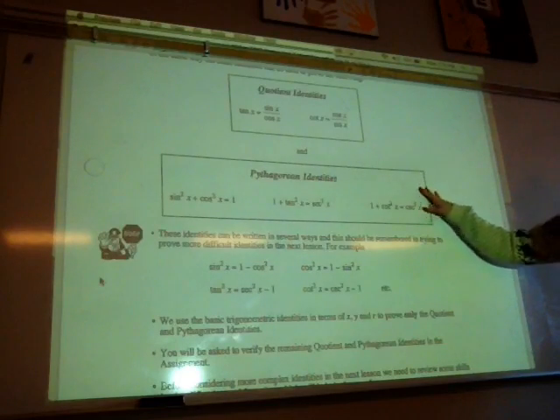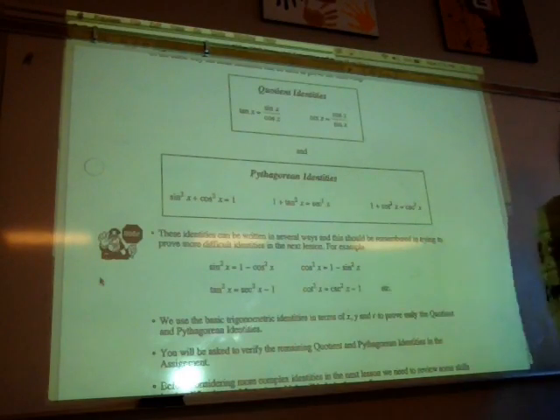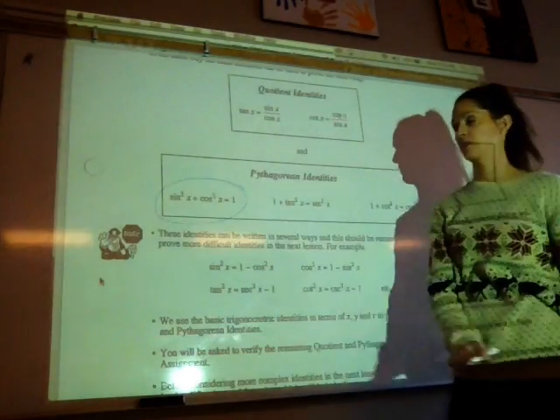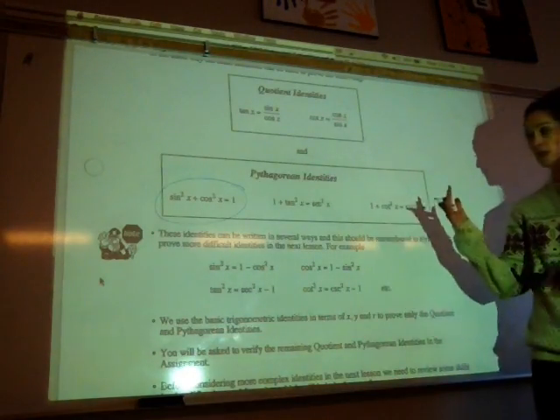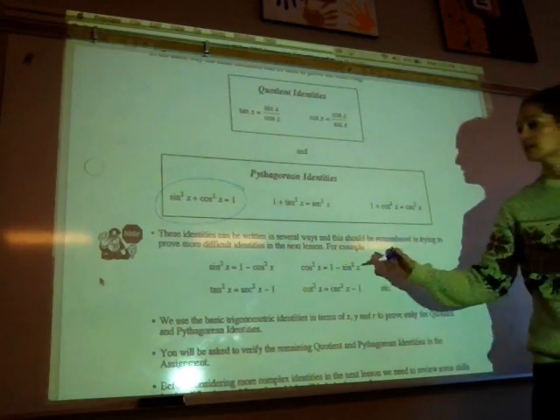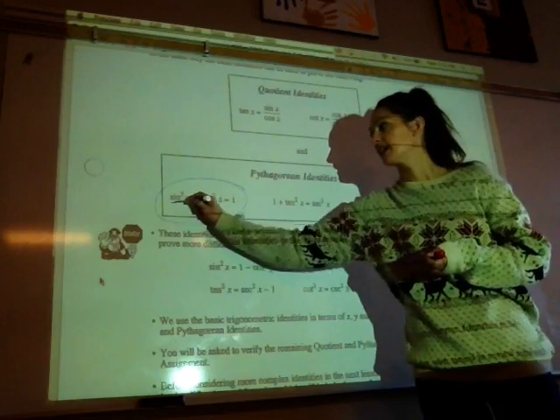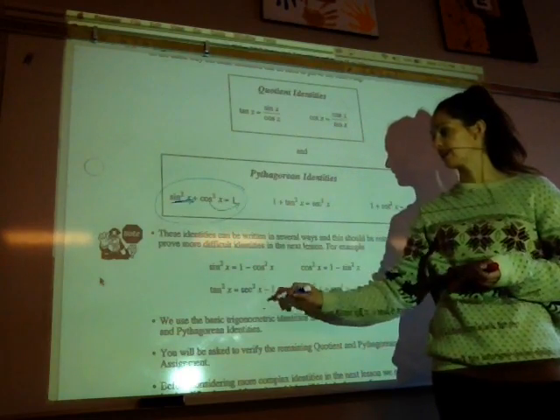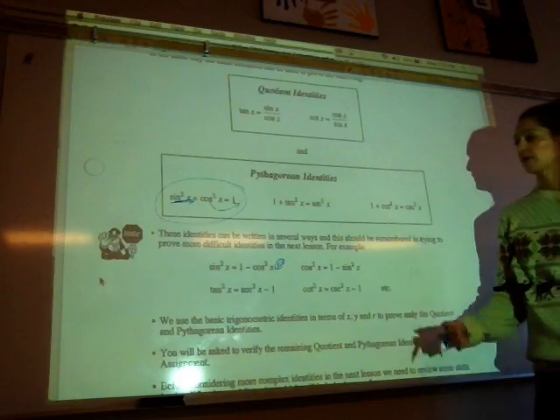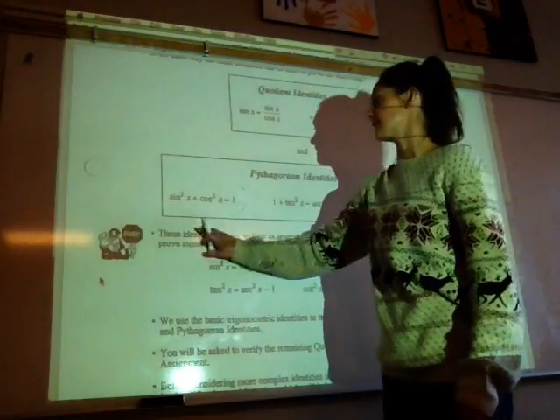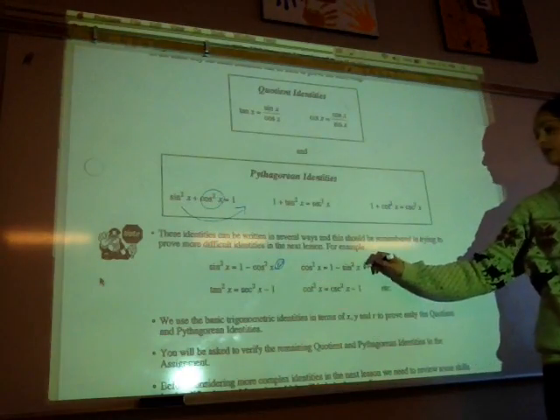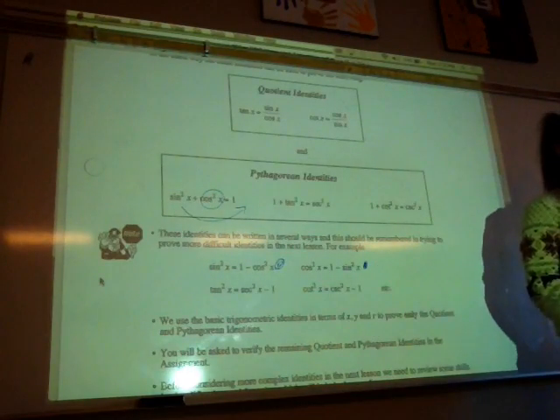Now these are given to you, but the rearranged versions are not. For example, if we take sine x squared plus cosine x squared equals 1, you could actually rearrange the identities because they're proven. If we rearrange to isolate sine, we could subtract the cosine over and get this one right here. Or vice versa, if we wanted to isolate the cosine, we could subtract sine over, and we'd end up with this one here.